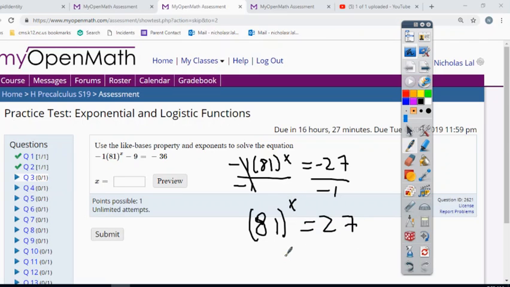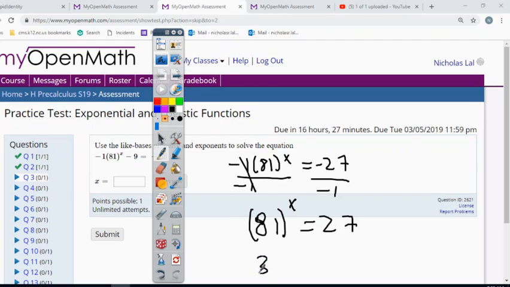And now I'm going to rewrite 81 to the x. 3 times 3 is 9, times 3 is 27, times 3 is 81. So that's 3 to the 4th. 81 is 3 to the 4th to the x. And 27 is equal to 3 cubed. So simplifying, 3 to the 4 to the x is the same thing as 3 to the 4 times x, law of exponents.